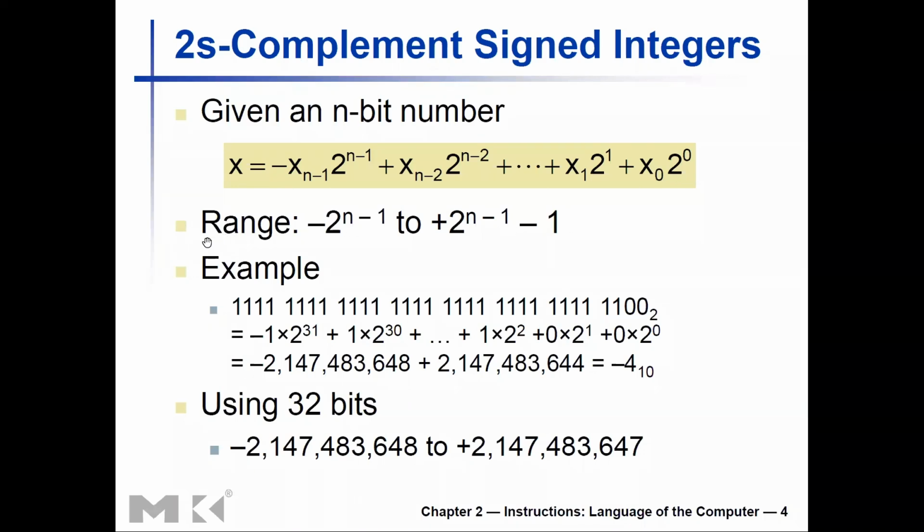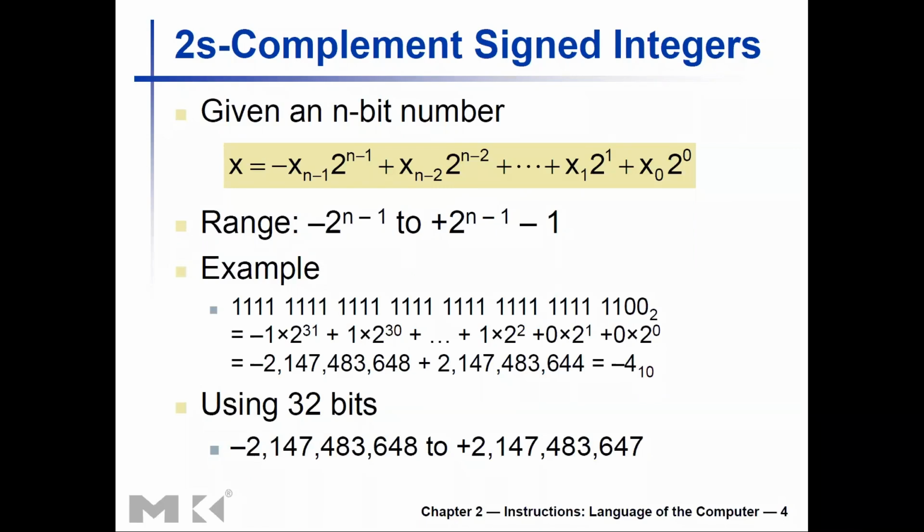And the range you can achieve with this 2's complement with n bits is minus 2 to the power n minus 1 to plus 2 to the power n minus 1, minus 1. Here you can see that the largest number you can achieve is 2 to the power n minus 1, minus 1. Earlier we could achieve 2 to the power n, and there's a huge difference between 2 to the power n and 2 to the power n minus 1.